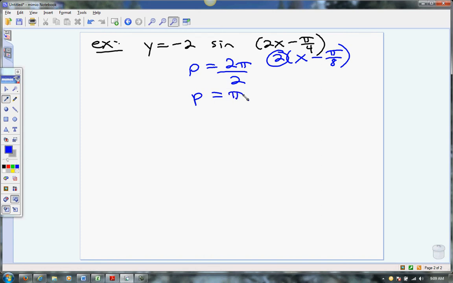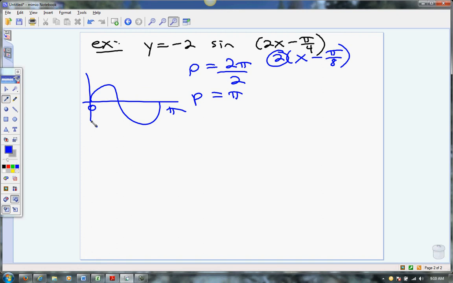Now, what does that mean? Remember what the period means. That means it's going to do one sine period between 0 and pi. I just kind of threw a quick sketch up there. Now, let's think about that in terms of the graphing calculator. What is this pi number?